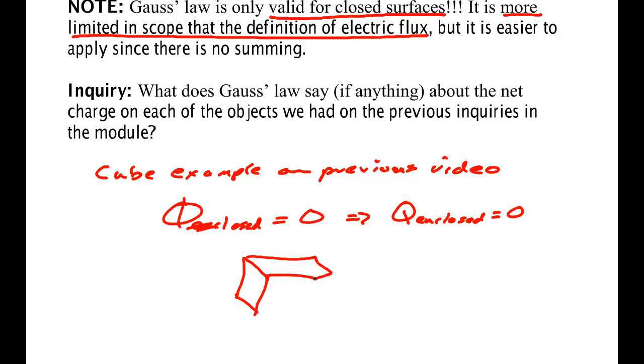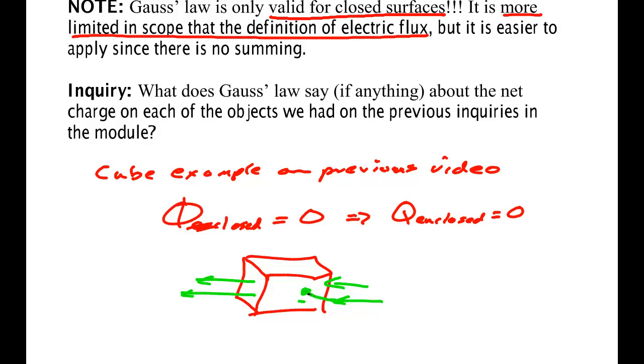So when I had that cube, and we had these electric field lines going in here and coming out the other side, like that, the fact that all the lines coming in also left tells us there's no net charge inside of there. Now, there could be a positive charge or a minus charge.